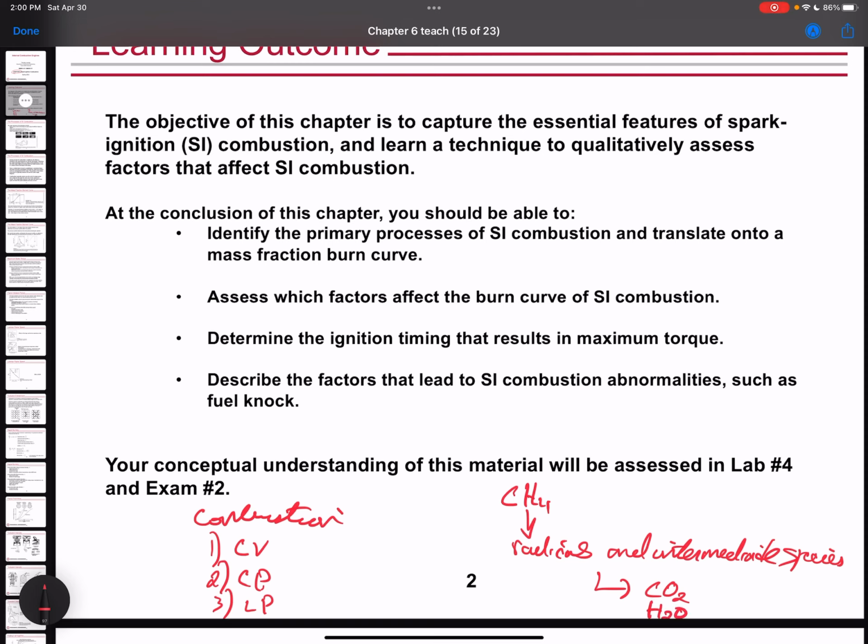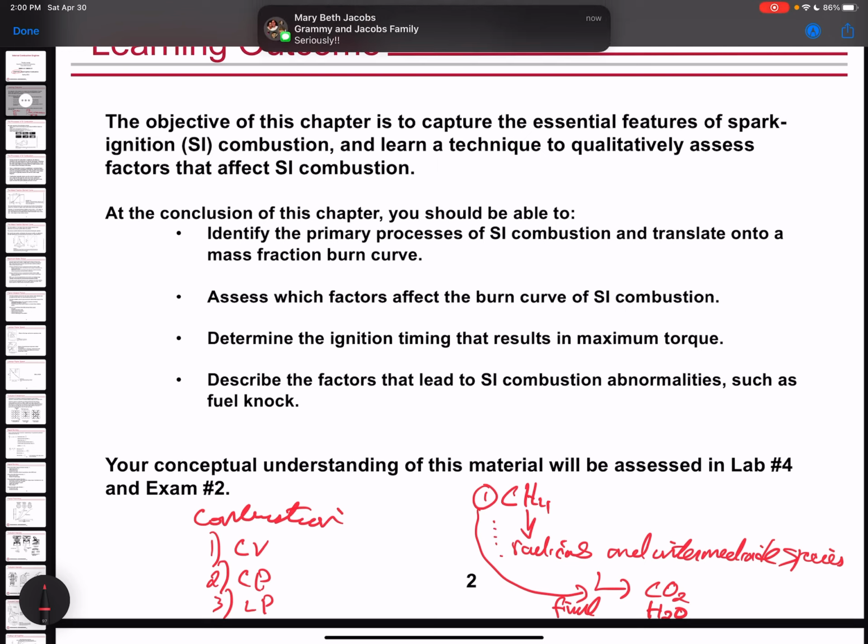But there's several steps as we go from this CH4, say our initial species, to our final species, which is CO2 and H2O. There's literally dozens of steps that occur in this process of oxidizing, say, even a simple hydrocarbon like methane, okay?